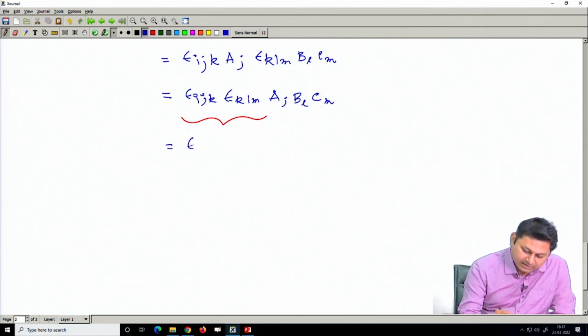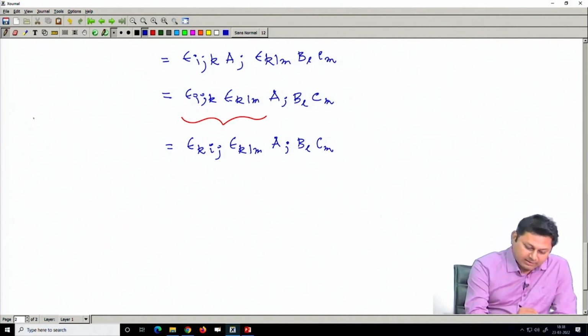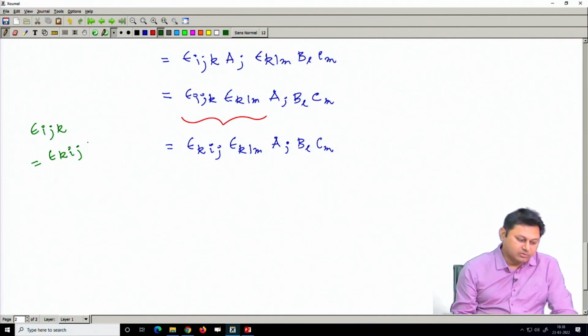So, I write epsilon k I j and epsilon k L M, and the rest of the term is as usual, A j B L and C M. I am making a note that epsilon I j k is the same as epsilon k I j by the cyclic rule.